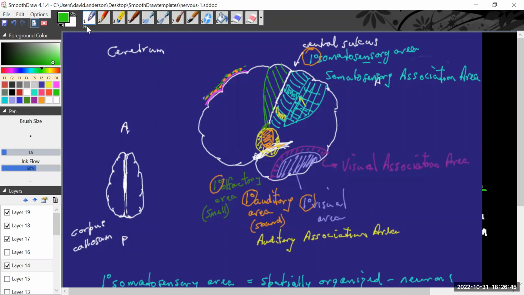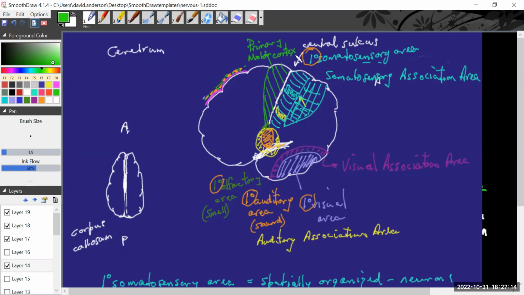And our pre-central gyrus is a group of neurons that are called the primary motor cortex.